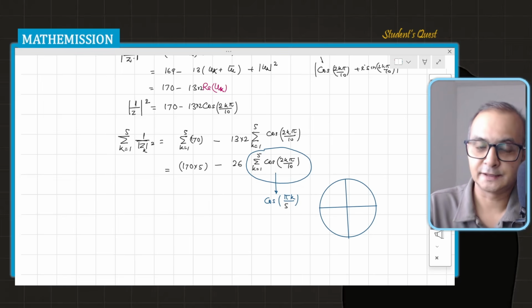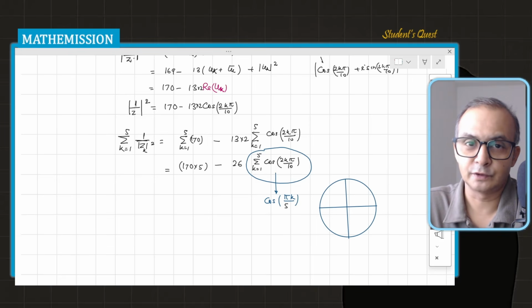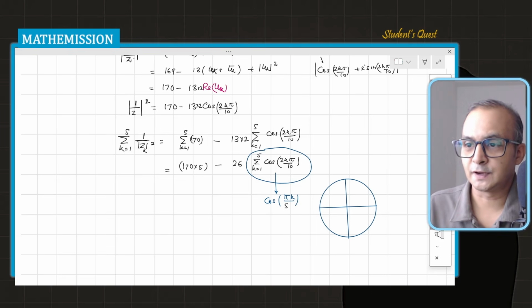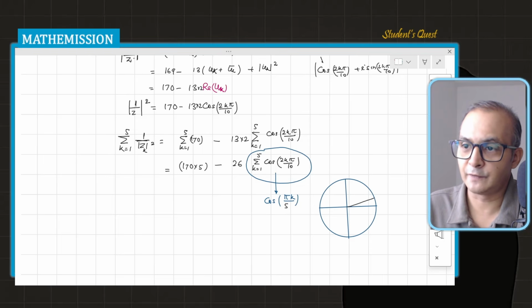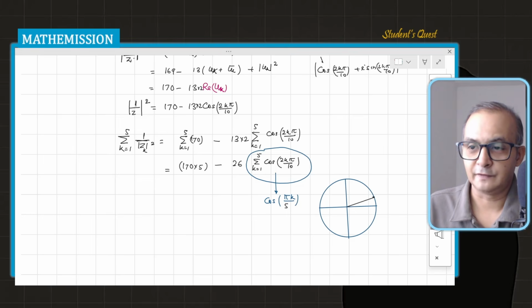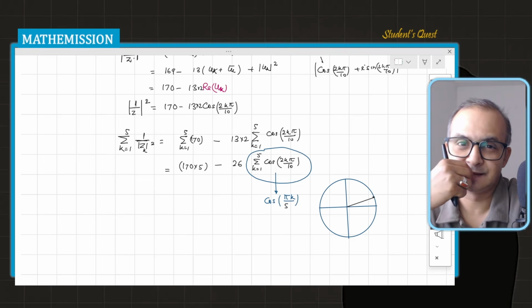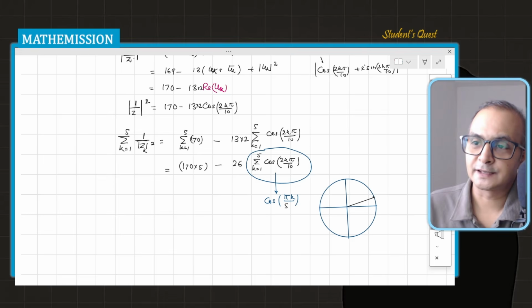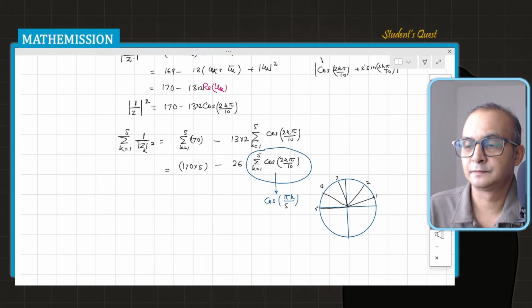So the first is pi by 5, somewhere pi by 5 unit here, and pi by 5 is 36 degrees. So 36, again 36, again 36, again 36, and again 36. We start from here: 1, 2, 3, 4, and the fifth will be here.